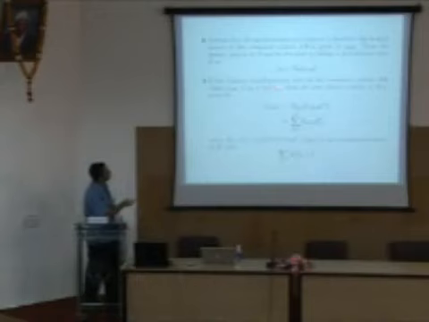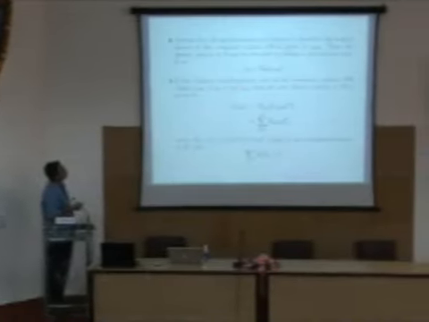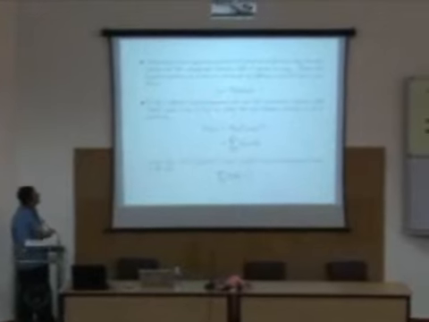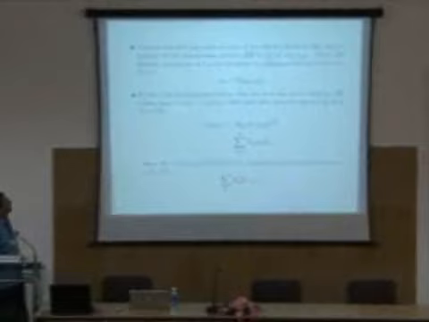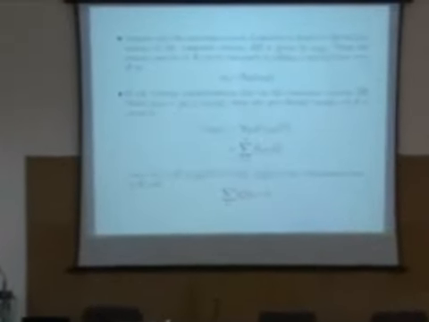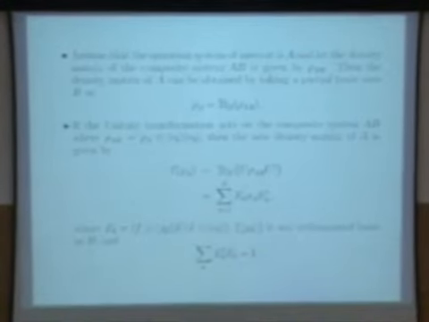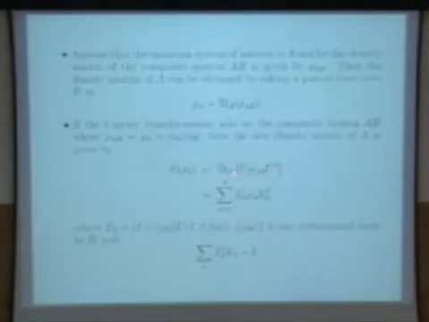So in this case we are taking a special form of rho sub AB, where the density matrix of B is this pure state, and it's written as a tensor product of the density matrices of A and B. Now if we apply the unitary transformation here, then the new density matrix of A is given by this.